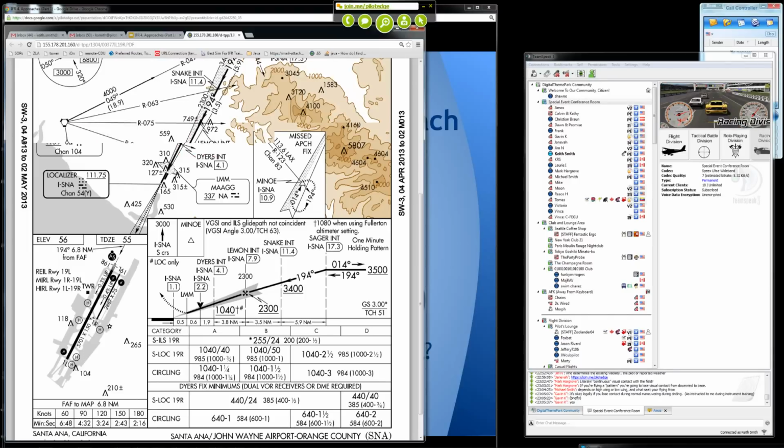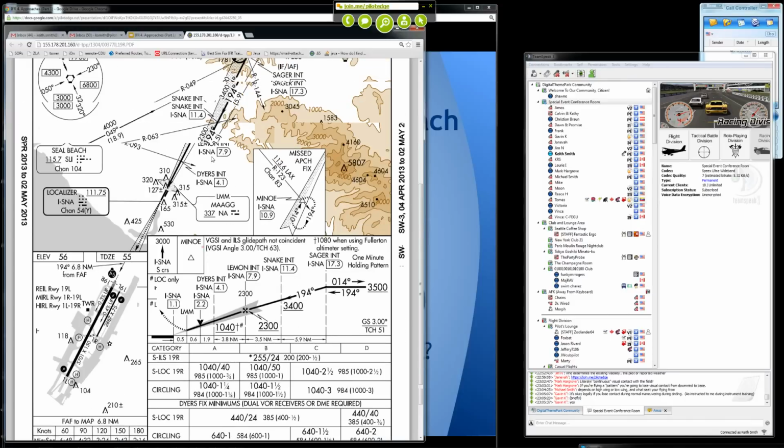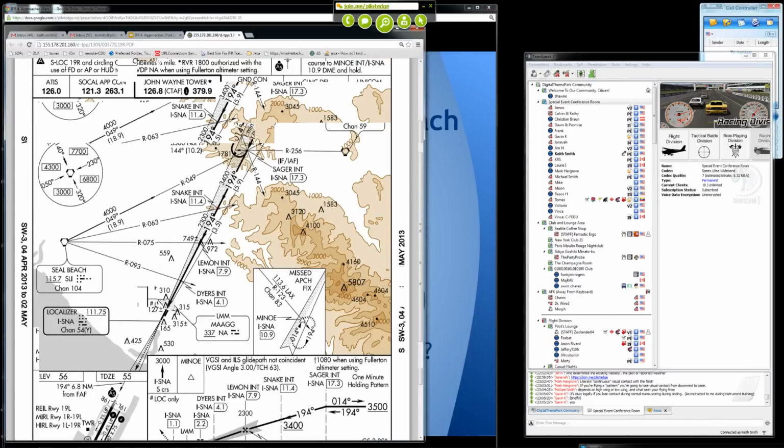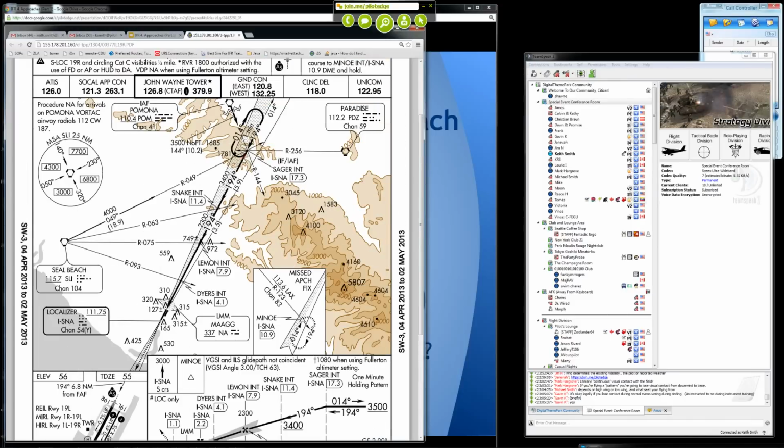Believe it or not, outside of the final approach fix, so let's say SNAKE, it is legal with a single VOR to swap from the localizer briefly over to Seal Beach 063. I mean, it's suicidal, but you can theoretically do it. You have to actually twist the OBS over to 063, which is going to be a pretty busy time, but you can legally do it.